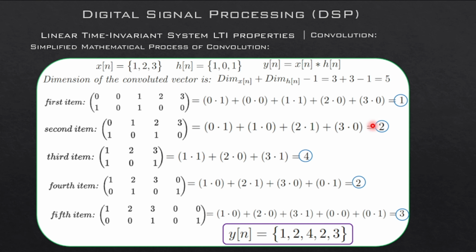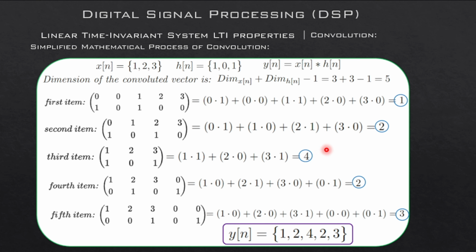That's the second item of the vector, which we placed here, 2. Then we shift h[n] to the right again. Now they are right on top of each other at full overlap, and we redo the calculation. It is 1 times 1 plus 2 times 0 plus 3 times 1, which is 1 plus 3 equals 4.